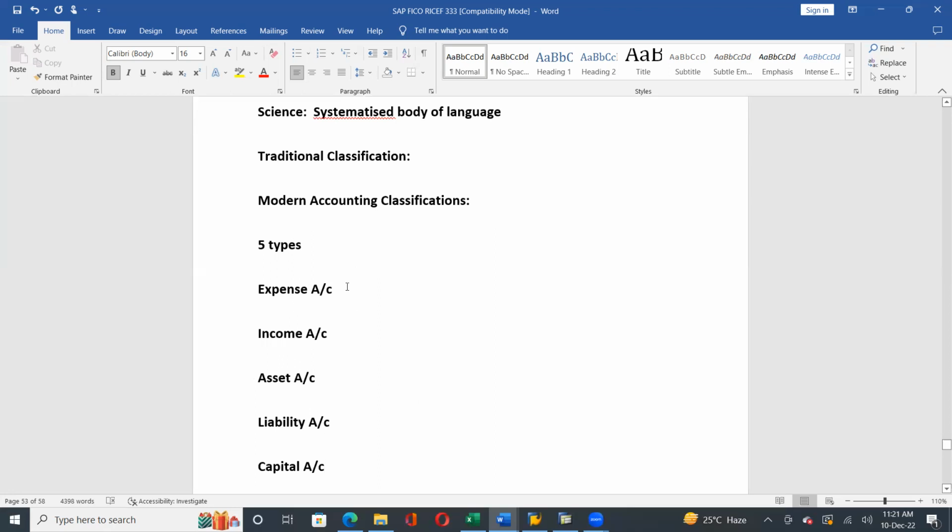So how do they follow the rules? What do you mean by an expense account? First we need to remember that expenses always show which balance? Debit balance. Expenses always show a debit balance.